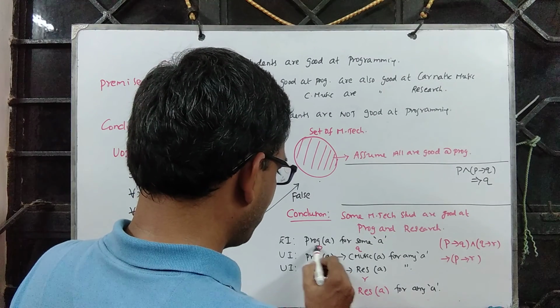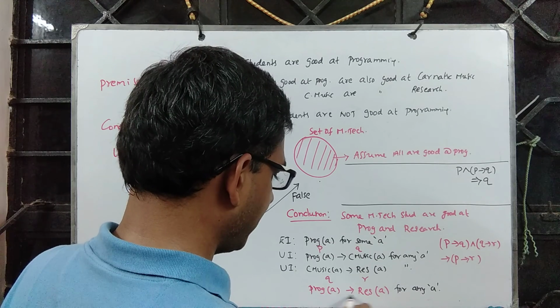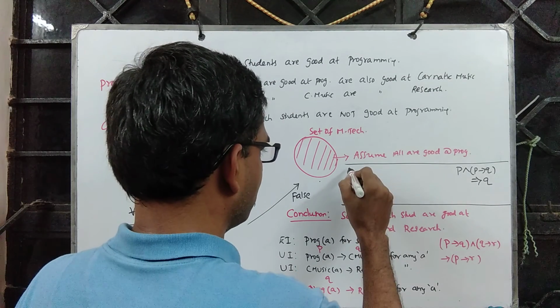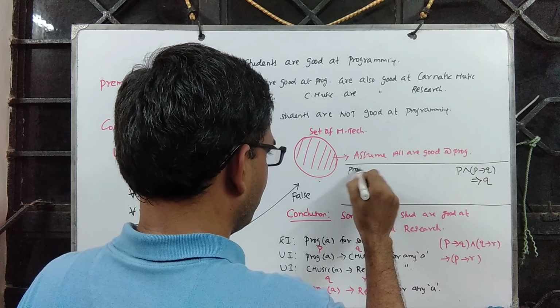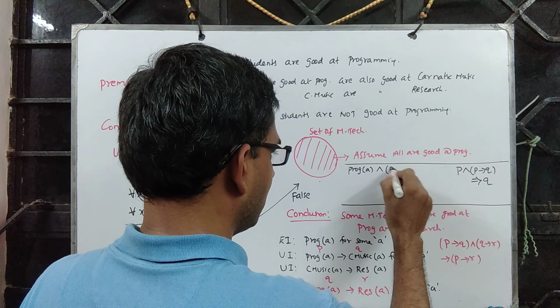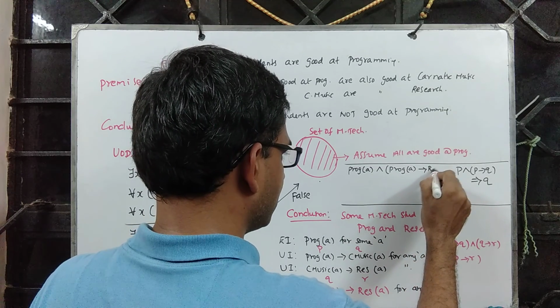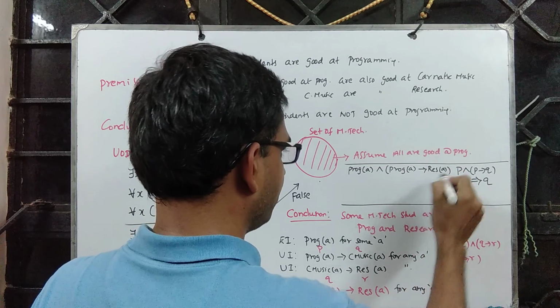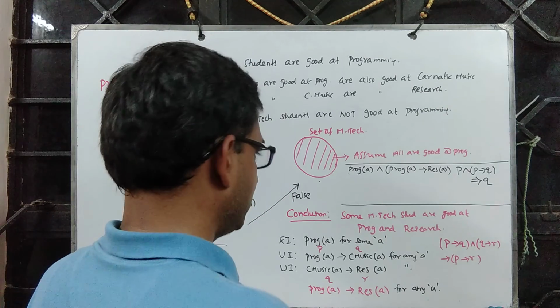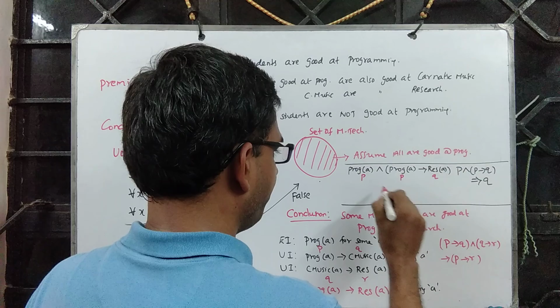So we have programming of A and programming of A implies research of A. So we have programming of A, that's my P, and programming of A implies research of A. So this is P and P implies Q.